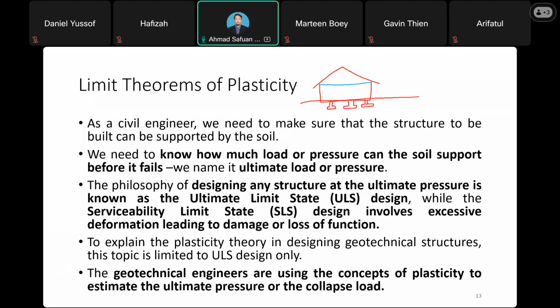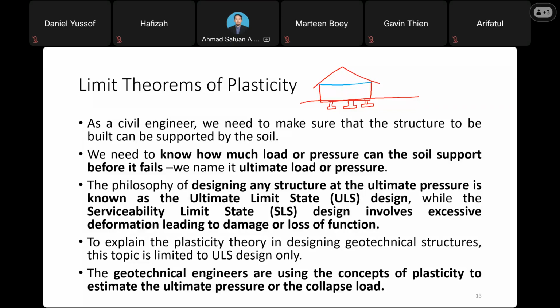So for each column, there will be a load from the column, from the beam, and from the slab. This combination of load will be transmitted to the substructure, which in this case is a shallow foundation.